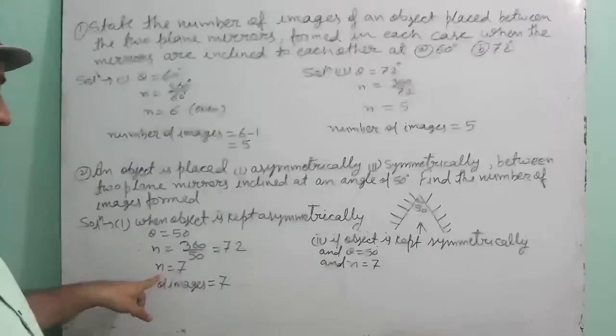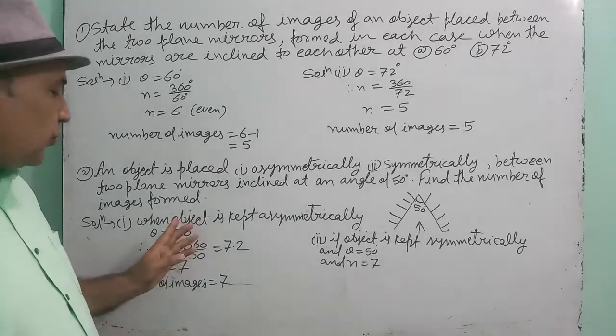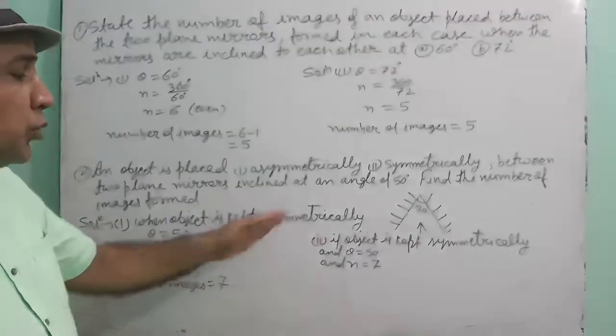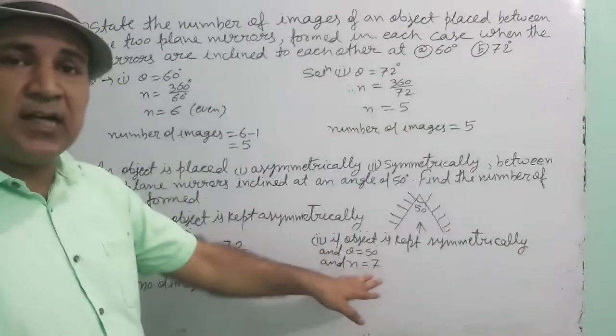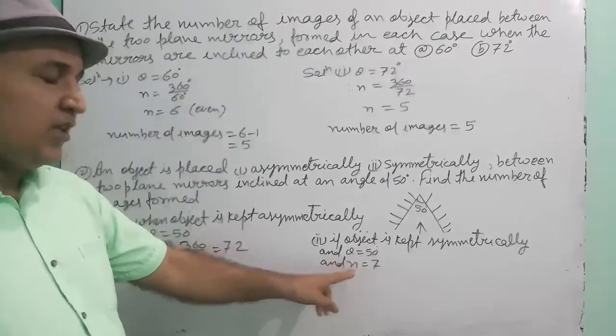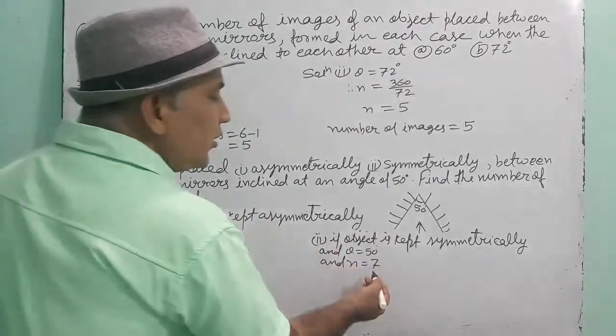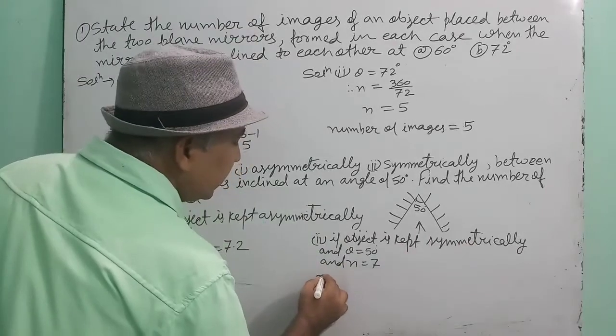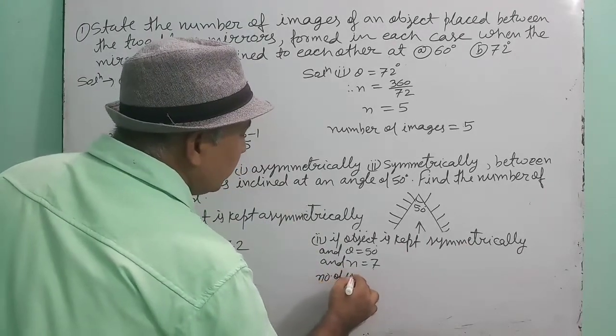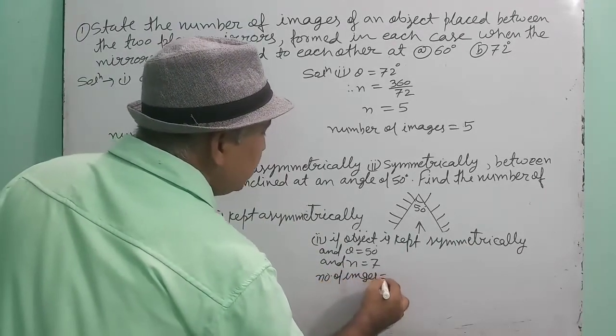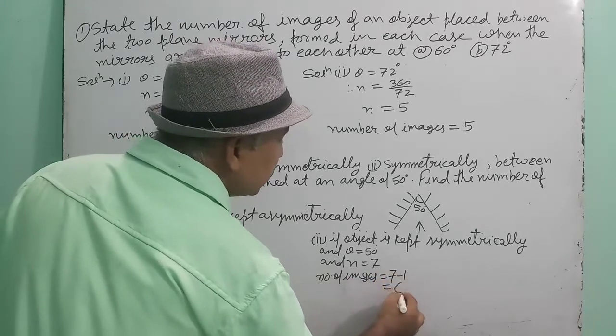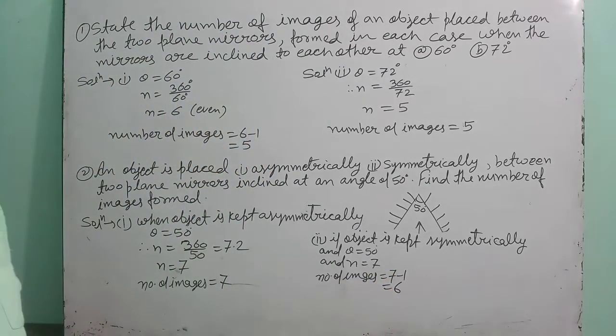See, we have calculated n once, so in the same question we do not need to calculate the same thing again. We can write its value. Since n is odd and the object is symmetrical, therefore the number of images will be 7 minus 1, that means 6. Is this clear? Now note down, we will do some more questions.